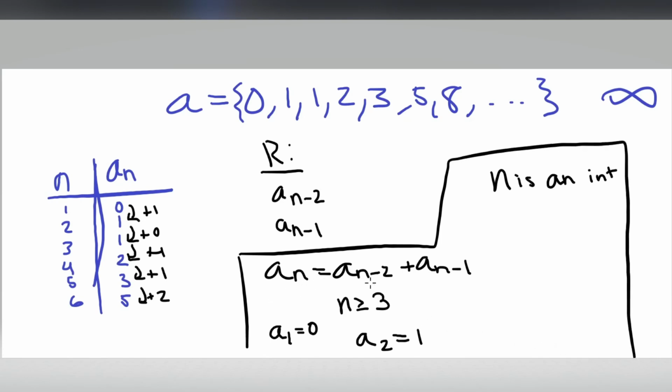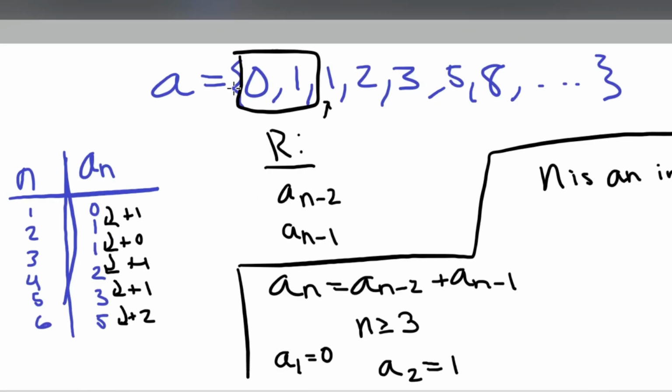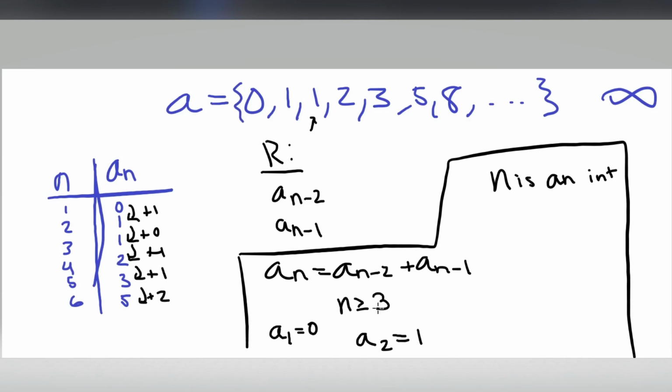A of n equals a of n minus 2 plus a of n minus 1, which is just the current term equals the sum of the two prior terms. N has to be greater than or equal to 3, because if we're looking at this term, you can't add 0 and a non-existent term. So you have to start at the third term. And we have to identify our starting two terms, because if we don't, then once again, you have a problem with non-existent terms.